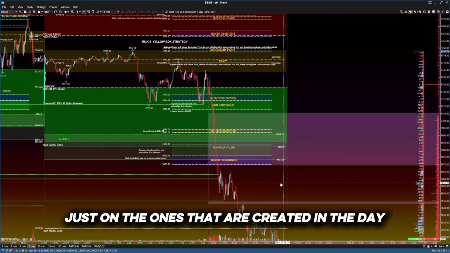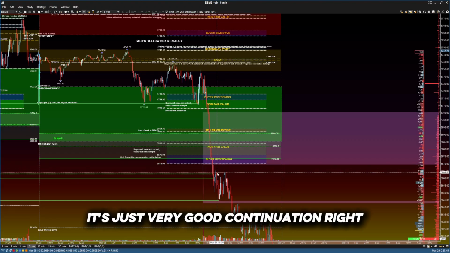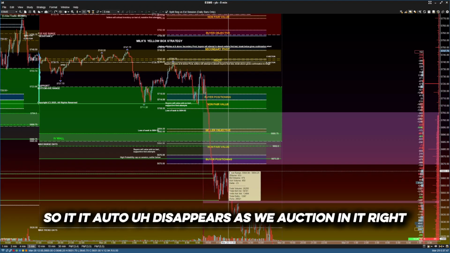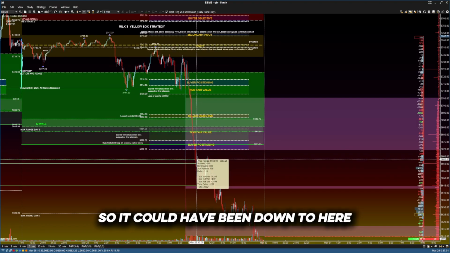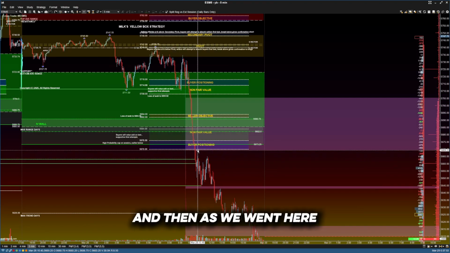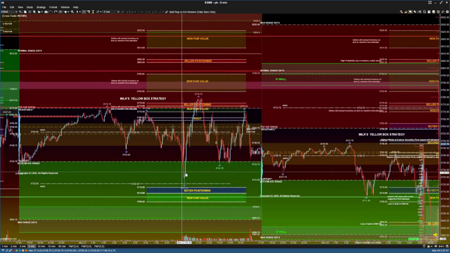First of all, the ones that are created in the day give very good continuation, right? It auto disappears as we auction in it. So it could have been down to here, and as we went here, the first test was resistive for more continuation.